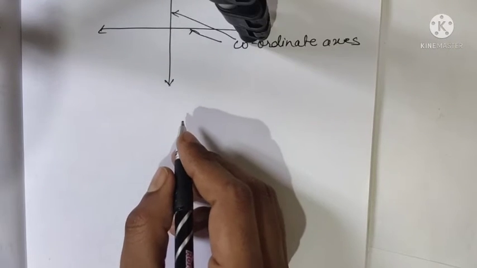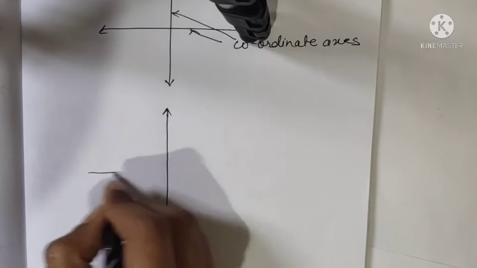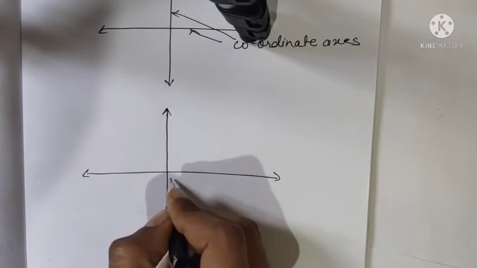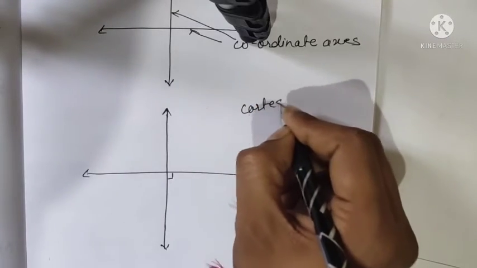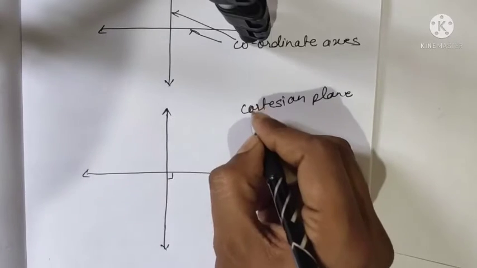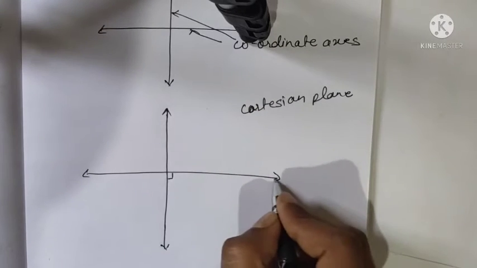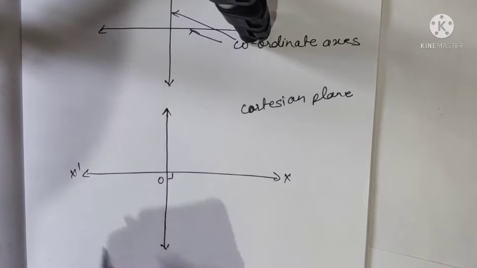To locate any point on a plane, we draw two mutually perpendicular lines. This plane is known as the Cartesian plane. And this axis is denoted by X'OX.